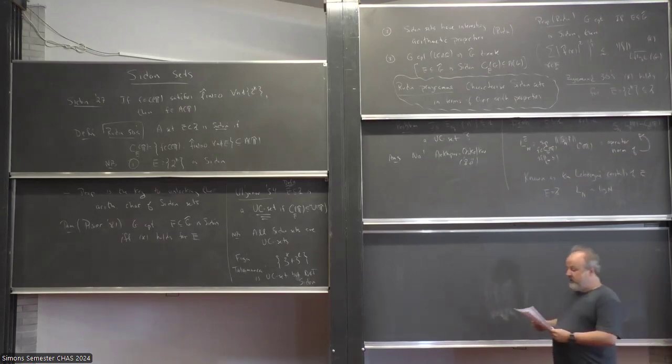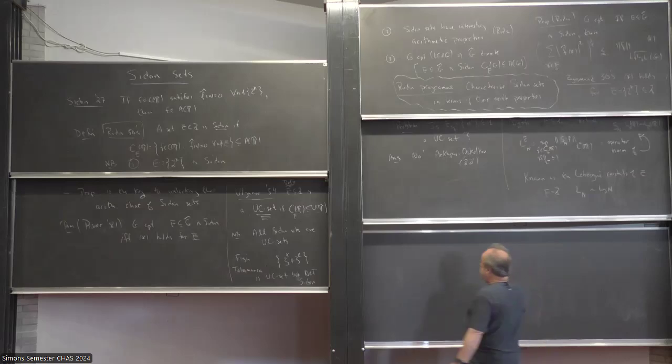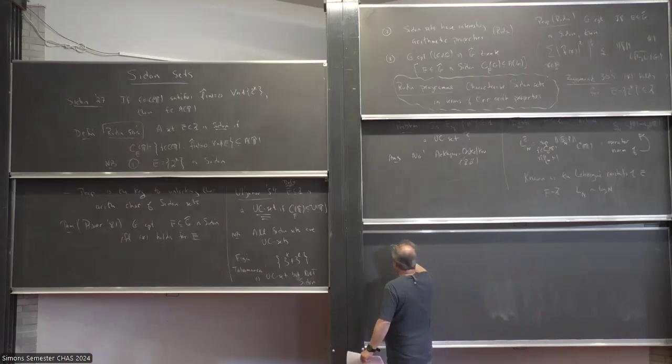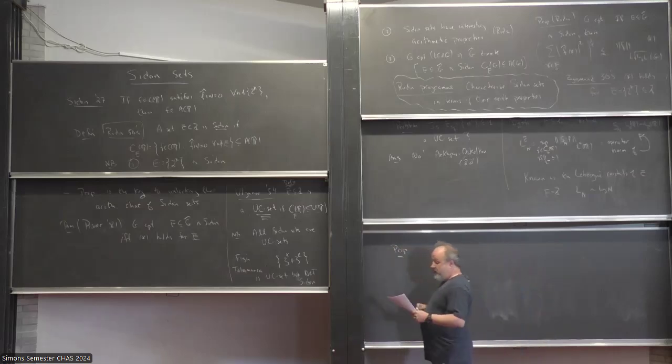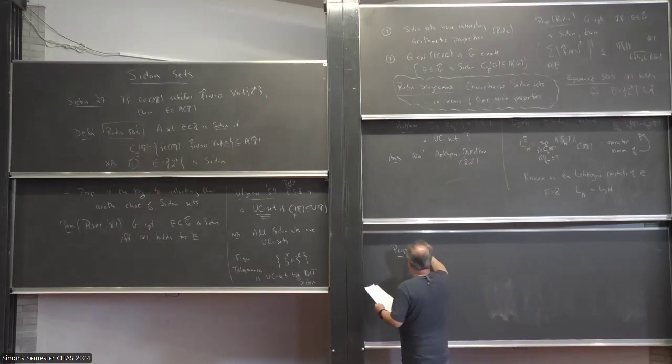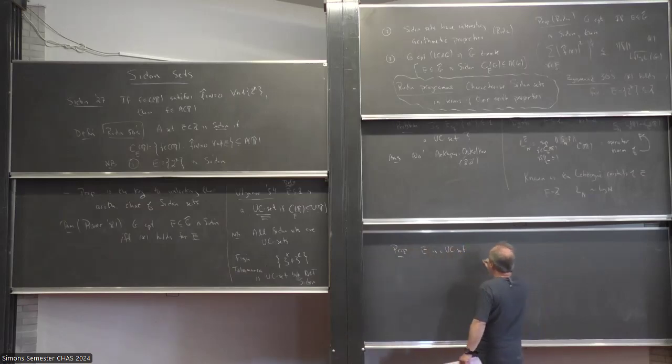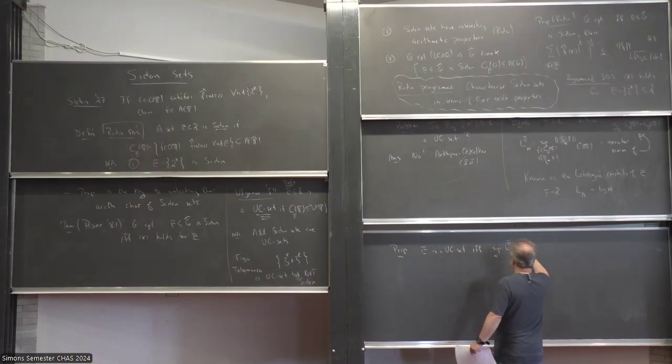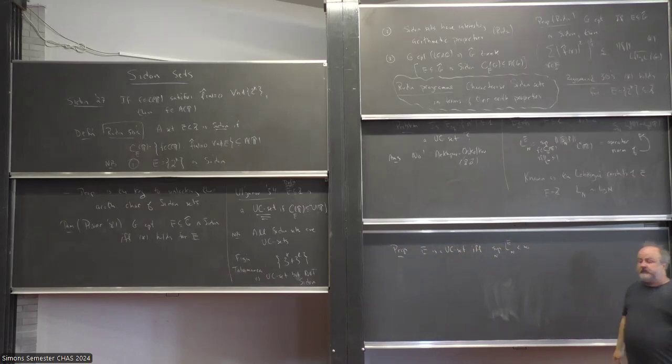Now, how do we get our hands on this problem? There's a nice little proposition. We'll go through this slowly. This is just saying that a set E is a set of uniform convergence if and only if these numbers, these Lebesgue constants, are uniformly bounded in capital N. They don't grow.